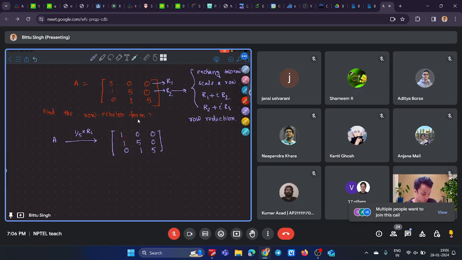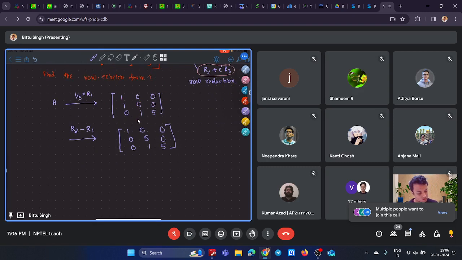The way is the third operation: R2 minus R1. Now this will become 1 0 0, 0 5 0, and the third row is 0 1 5.